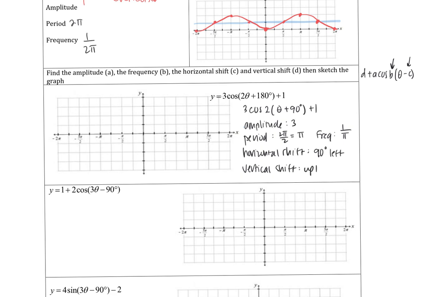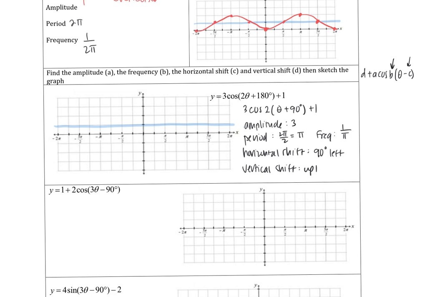So let's go ahead and draw in that vertical shift, the up 1. And then we can try and make all this work, okay? So we need one full rotation to finish by pi. The amplitude is 3, and we also have a 90-degree shift. So I'm going to do everything but the 90-degree shift first.